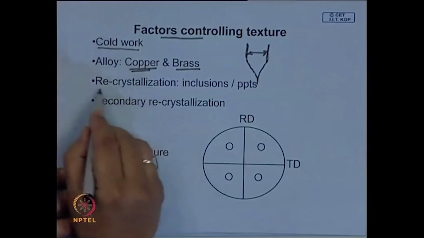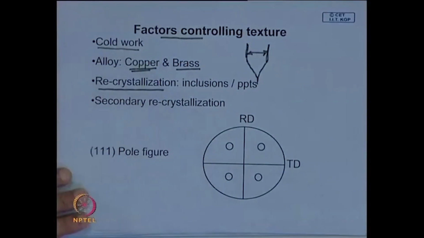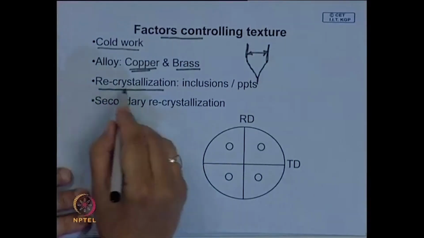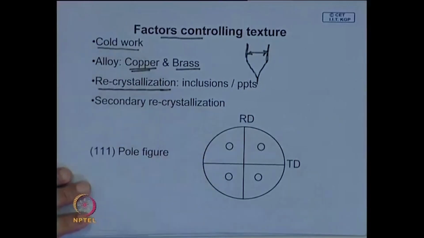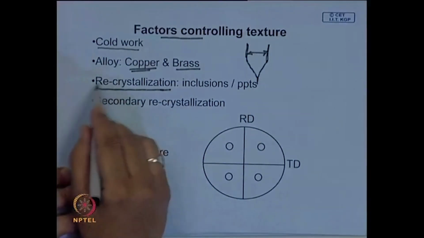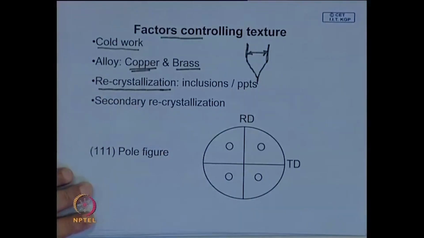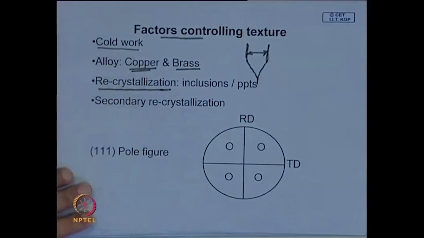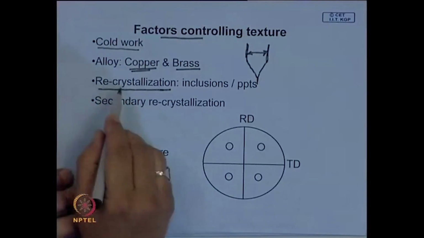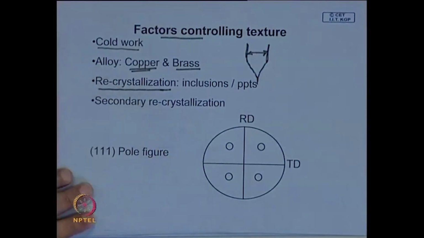Another reason for the texture that develops is the recrystallization process. When recrystallization takes place, the new grains that form are not necessarily randomly oriented; they depend on several factors. One could be the amount of cold work that you have put in. So, if it is already a highly textured material, it is likely that the recrystallized material also will have a texture.